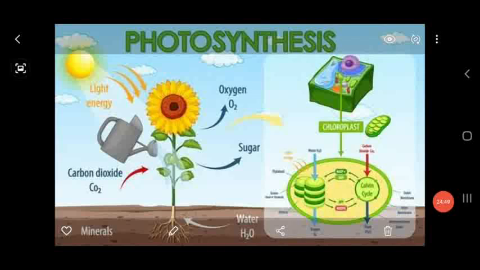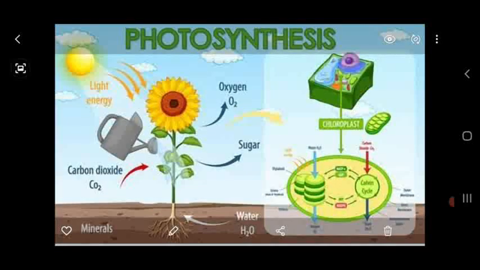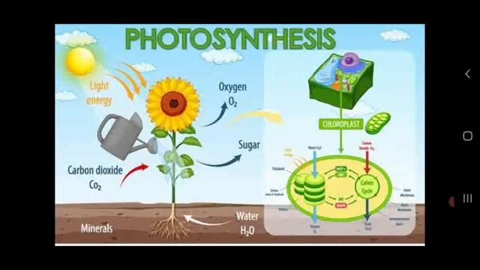Dear students, see the diagram. This is photosynthesis. Parts of a plant are given here, that is a sunflower plant. The root region is present in the soil, and the stem and flower are present above the ground level. The plants take carbon dioxide and sunlight from the atmosphere.